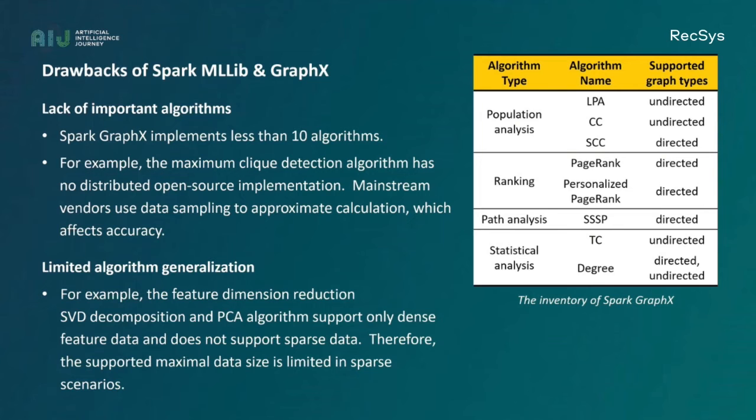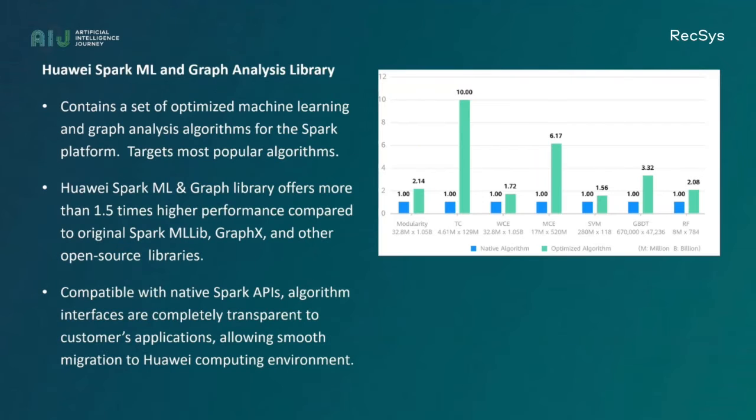However, they only support dense data. And if we want to use them with sparse data, we will see serious limitations in terms of scale regarding the maximum size of data we're able to process. We'd like to accordingly resolve these tasks. We'd like to expand our graph and ML library, which is what we're doing.